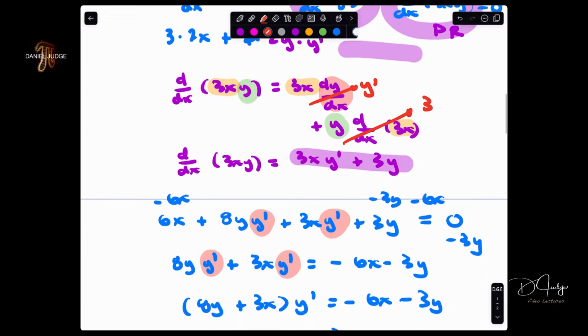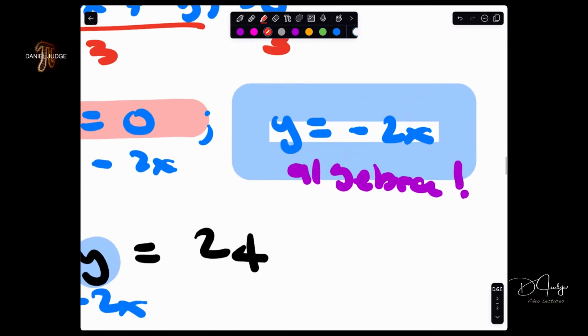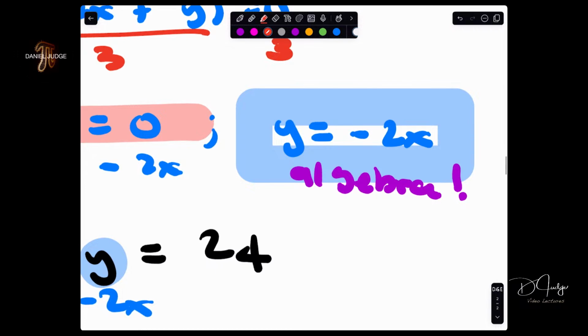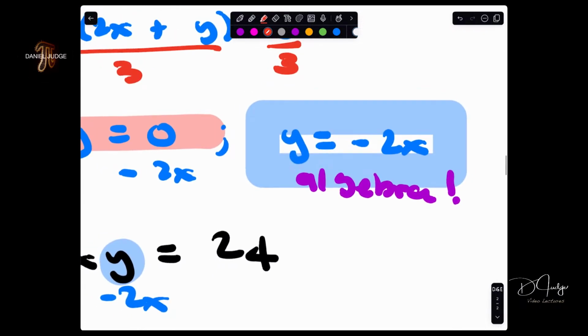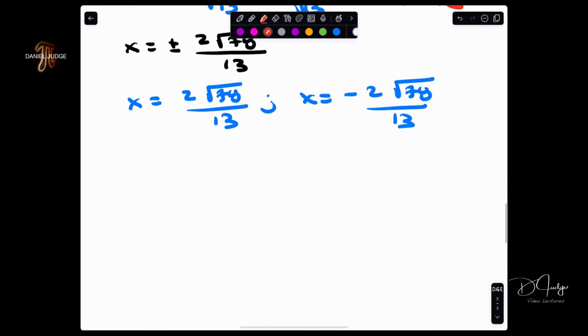But if y is negative 2x, we know that to be true for horizontal tangents with this ellipse. This is what we're going to use to get the y values. Y is negative 2x. Since y is negative 2x, we're going to be able to get this location here, hopefully.